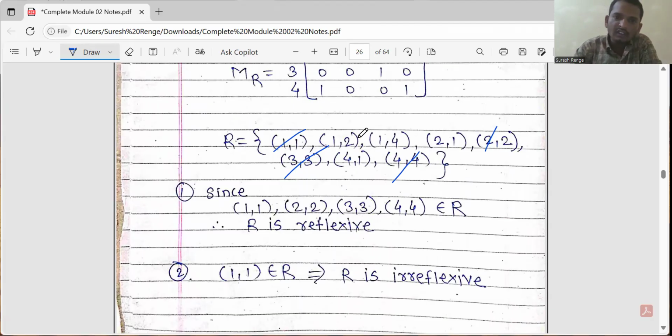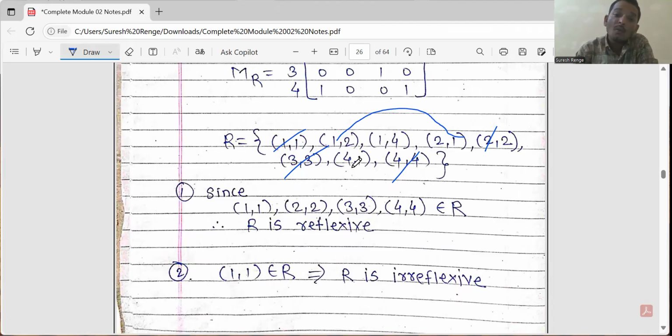Let us choose the element (1, 2), which belongs to R. For the symmetric property to be satisfied, (2, 1) must also be available in that relation. If (1, 2) and (2, 1) are both available, then symmetric elements are available.